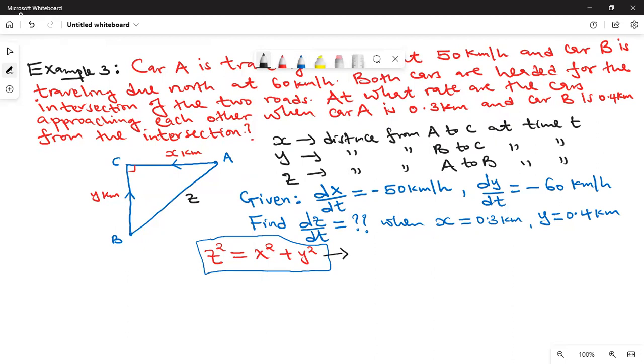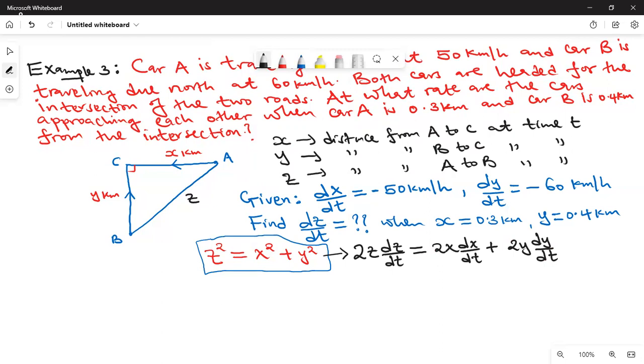On the left-hand side, it will give us 2z times dz/dt. On the right-hand side, we are going to get 2x times dx/dt plus 2y times dy/dt. And you see 2 is common, so that will cancel out.